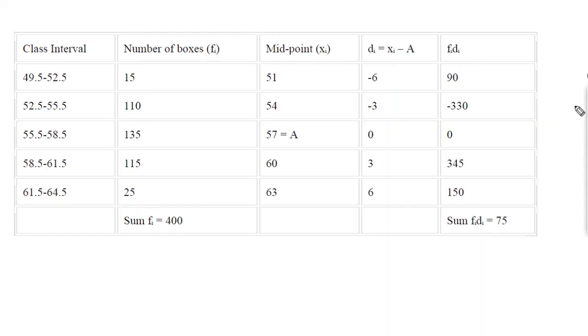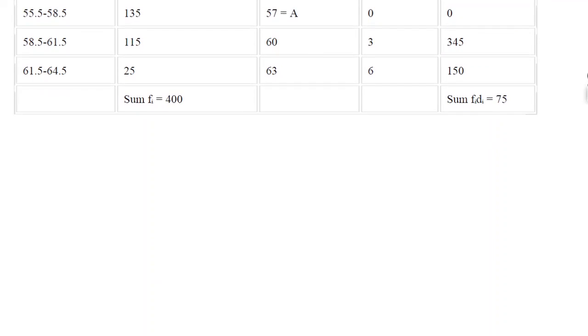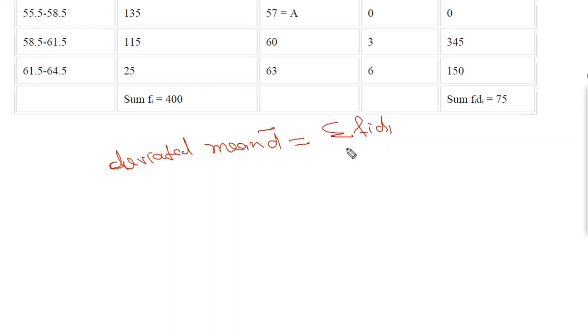Okay. Now we will move to the calculation stage. Here, deviated mean d bar is equal to sigma fi di divided by sigma fi.